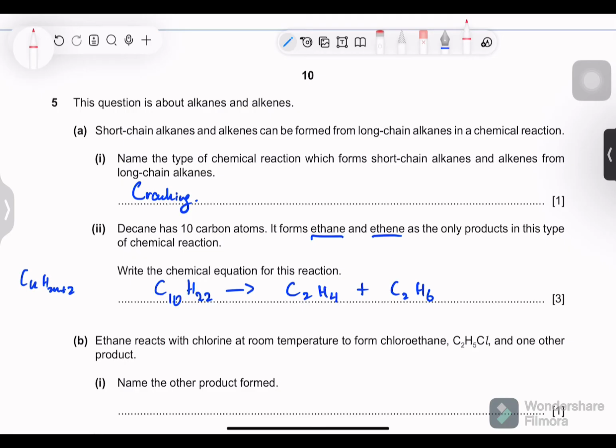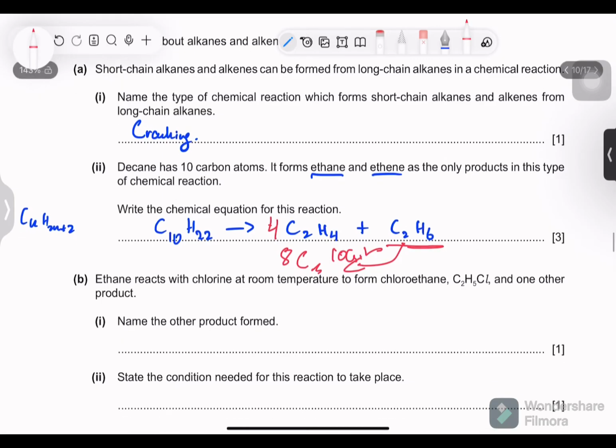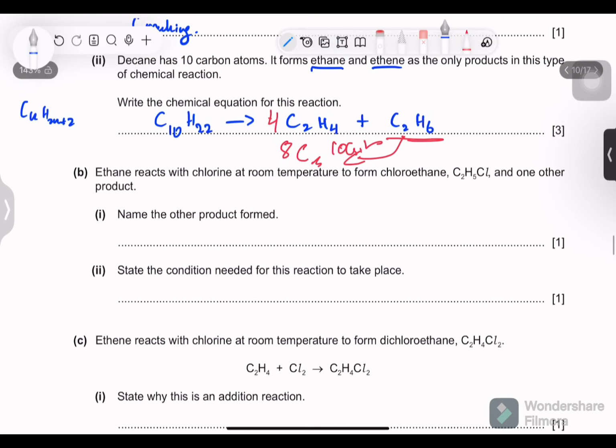So if we let it stay like it is, we write 4 over here. This is now 8 carbons and 2 with this, so 10 carbons total. Correct. Now we look over hydrogen. So hydrogens we have 22 over here. Now on this side we have 4 4s are 16 and 6. So total of 22. So a little bit of trial and error will solve the question.